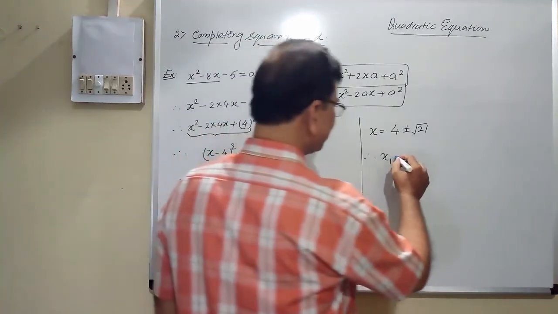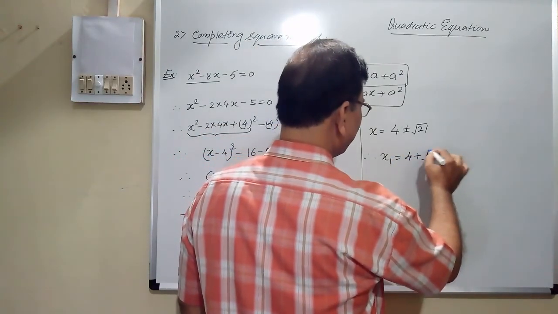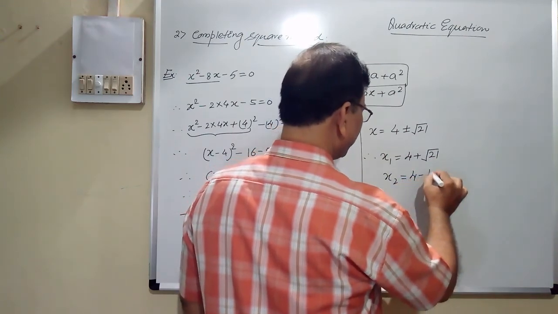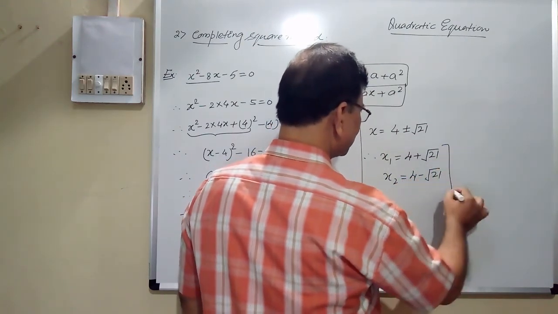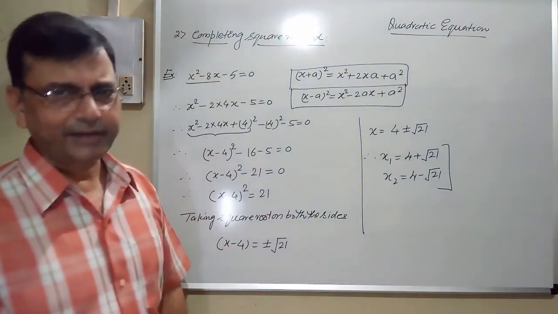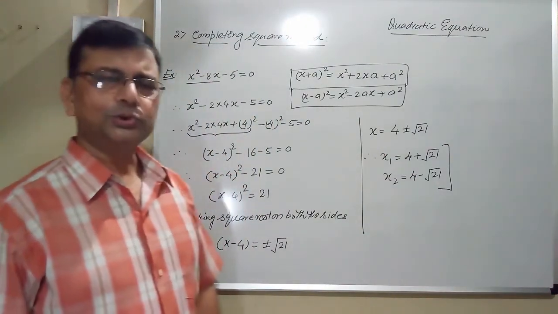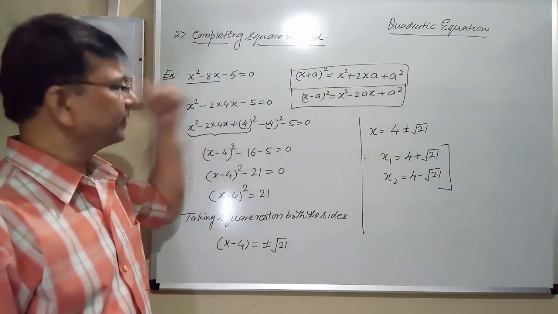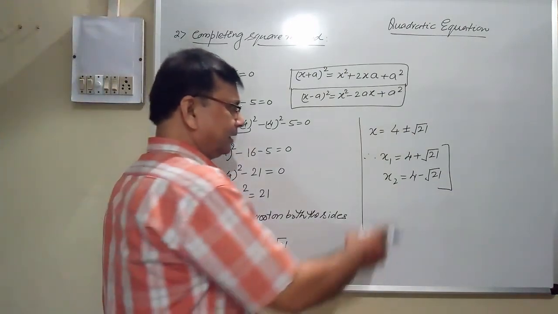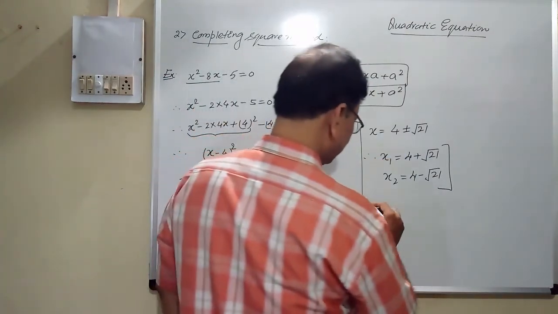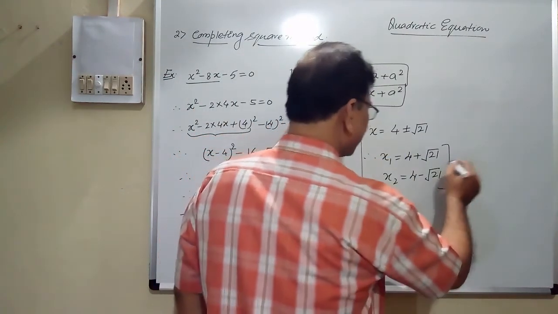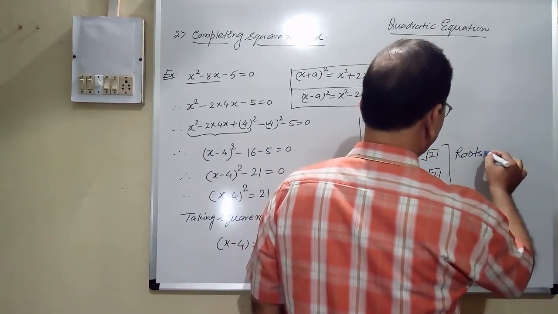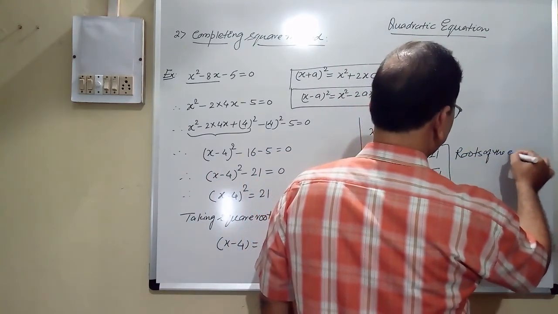So x1 is equal to 4 plus root 21 and x2 is equal to 4 minus root 21. So these are the two values of x, or two solutions of x, or two roots of the quadratic equation. So these are called roots of the equation.